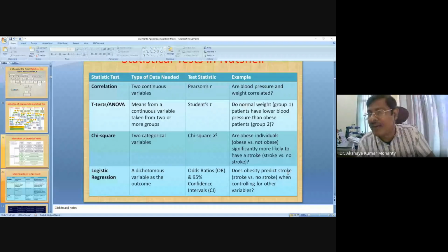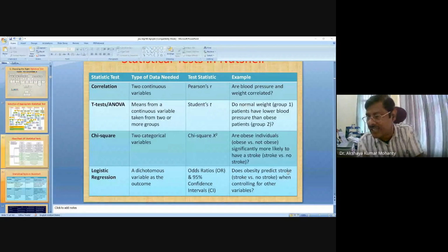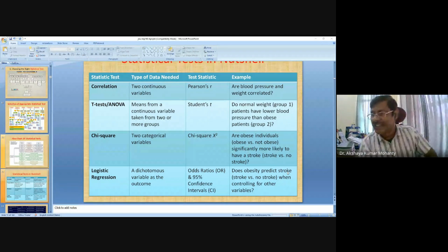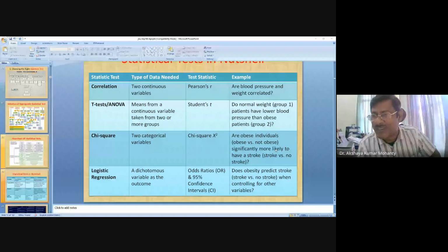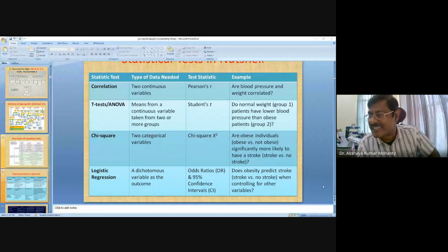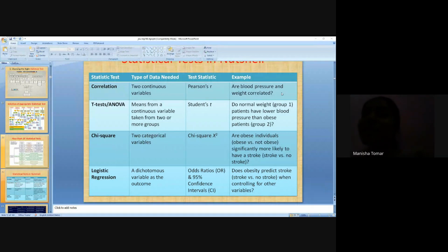Yes, Seema Hermani, already you told. I will not give you the chance. Anybody else, please? Yes, please. These are categorical variables. Seema, already you told, no? Okay, let others get the chance. Yes, please. Manisha Kumar, please. Sir, I think comparing to comparison between that.